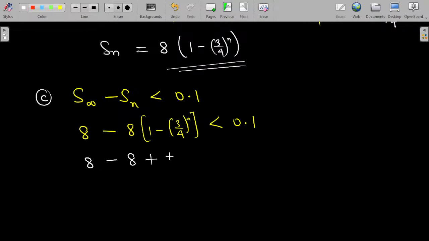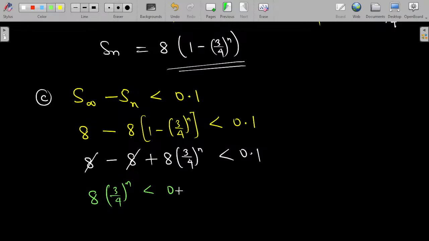So you have plus 8 into the bracket of 3 over 4 all raised to the power of n as less than 0.1. Okay, so this 8 will take away this 8, and if that happens, we just have 8 into 3 over 4 to the power of n as being less than 0.1.